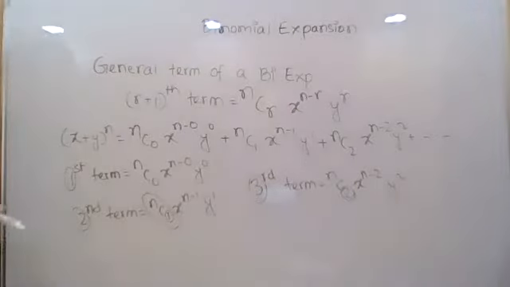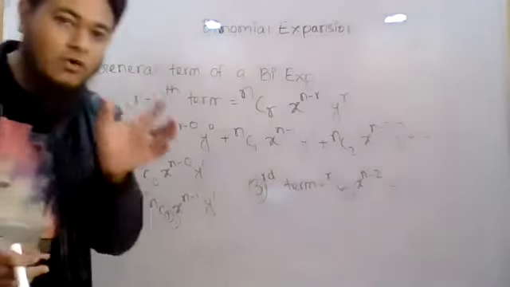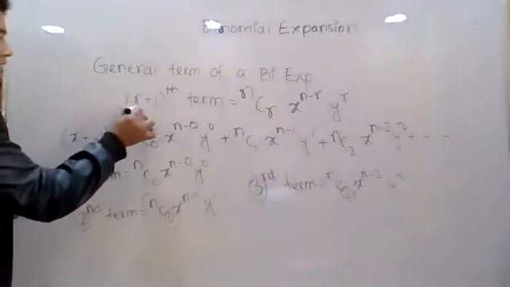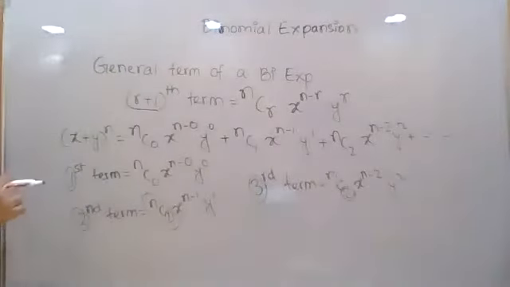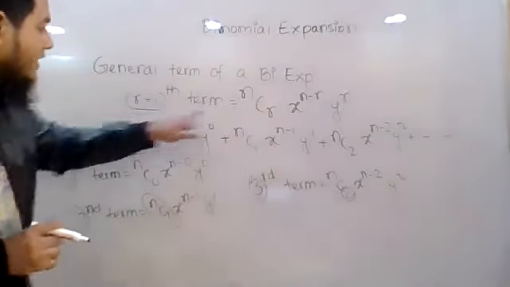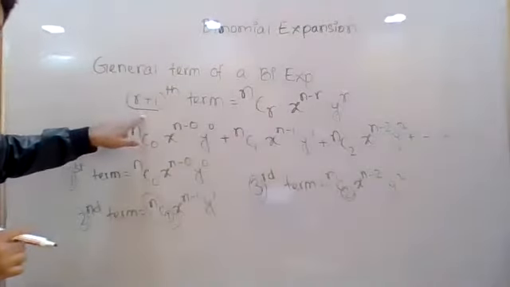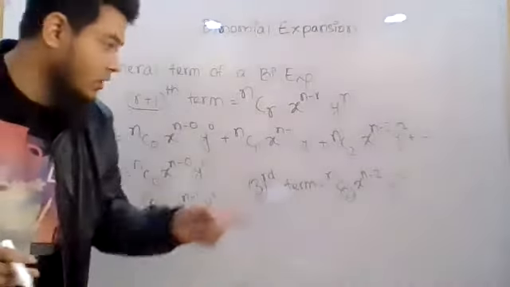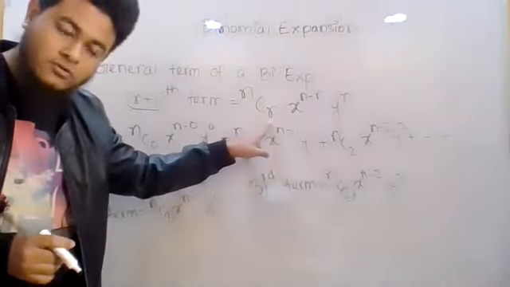Okay, so now if I want to develop a formula for a general term, I will write it in the r plus 1 term form. Why? Because I have to write the number here that is 1 less than here. So if I consider r plus 1, what is 1 less than r plus 1? It is r only, correct or not?